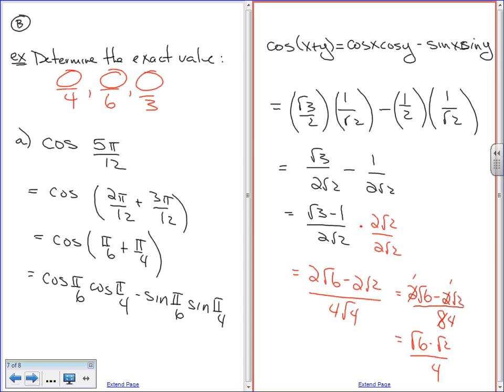Just check it using your calculator. But you don't even really need to look at the back of the textbook for any of these answers, because you have your calculator to check to see if you've done it correctly. Cosine of 5 pi over 12 should be the exact same decimal as that guy right there. Make sense? Okay, so let's try another one.